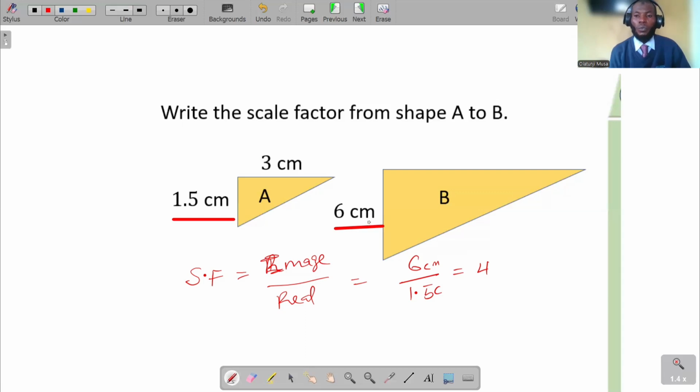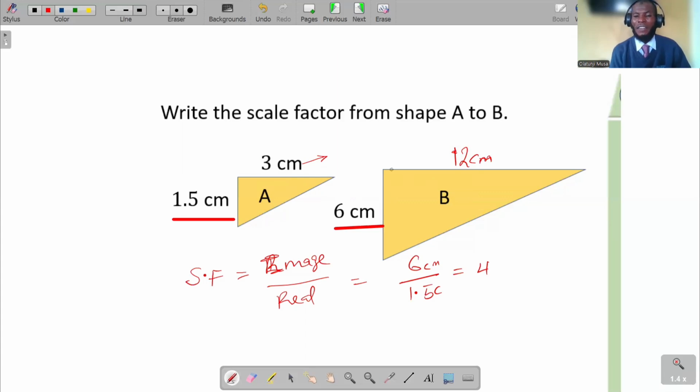That is, when 1.5 is multiplied by 4, the answer becomes 6 centimeters. We enlarge 1.5 to give 6 centimeters. The same thing can be applied to this: to get this corresponding size, all we need to do is multiply 3 by 4, and that gives 12 centimeters.